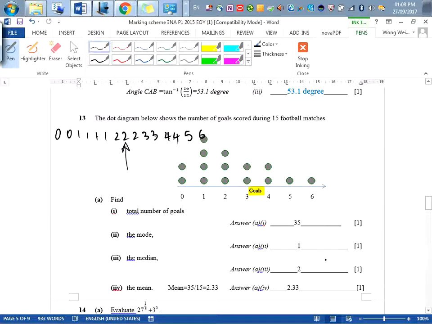Finally, find the mean. I need to add everything up, divided by the number of matches. So 35 divided by 15, you get 2 point... Okay, what is 35 divided by 15? Which is, we have an exact answer. That will be 7/3. Isn't it?